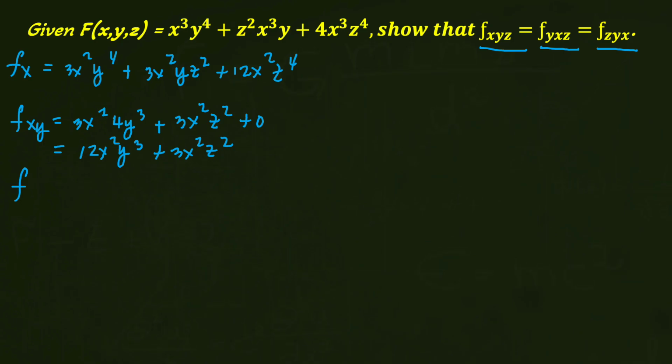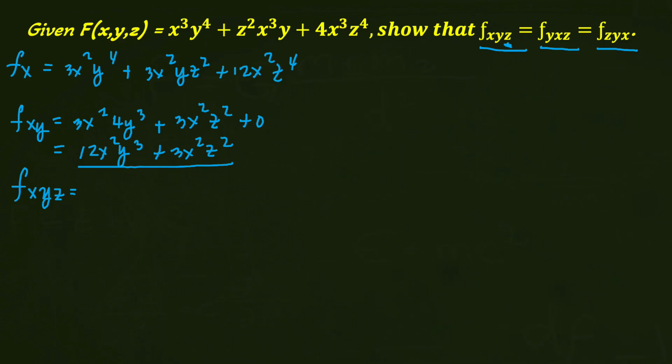And then after that, we need to find the partial derivative of f sub xy with respect to the last independent variable given here. And the last independent variable here is z. So we will find the partial derivative of this expression with respect to z once again. So with respect to z, the first term here has no variable z.